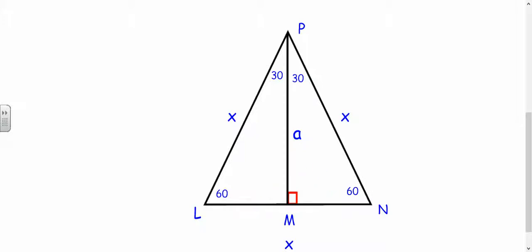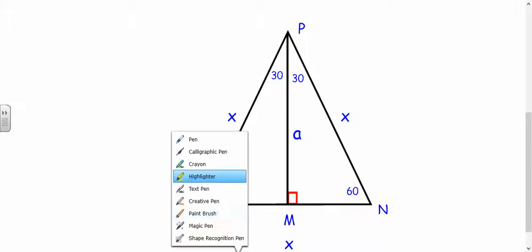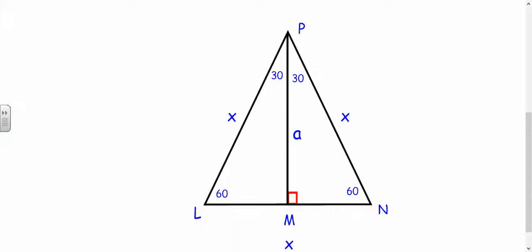But basically what it's saying is that if this is an equilateral triangle, then each one of these sides is the same length, and each one of these angles would also be the same. And when you bisect the side at the midpoint, you're bisecting the angle, and that gives you your 30, 60, 90 triangle. All right? So if you wanted to use Pythagorean theorem, you'd have to remember that this side is equal to 1/2 of x.